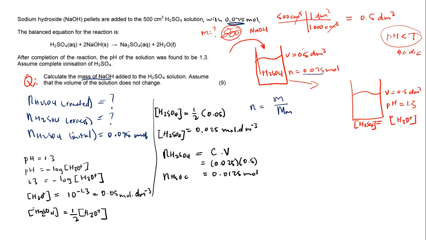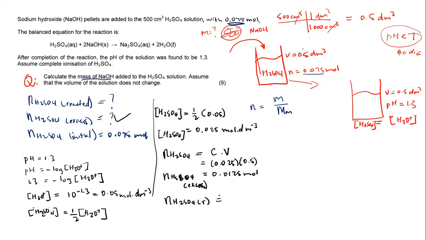Remember, this is the number of moles of H2SO4 in excess. Do not forget that. Now we're done with this, and we're going to determine the number of moles of H2SO4 reacted. I'll write R to show it's reacted.